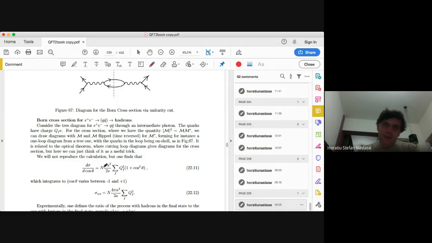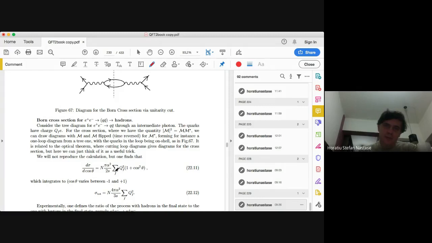Then there's this N colors pi over 2, and there's 1 over s, so it decays like 1 over s at large colliding energy.